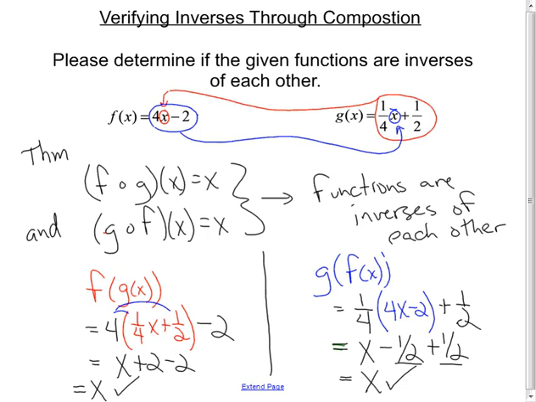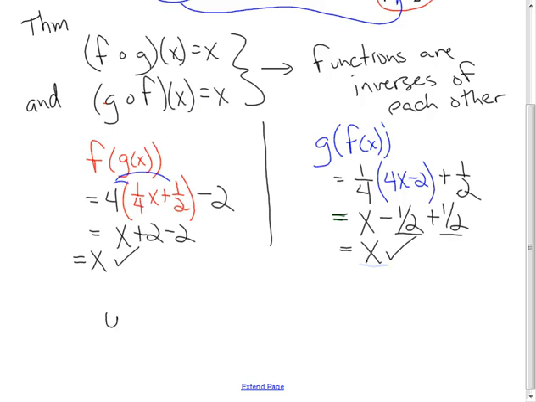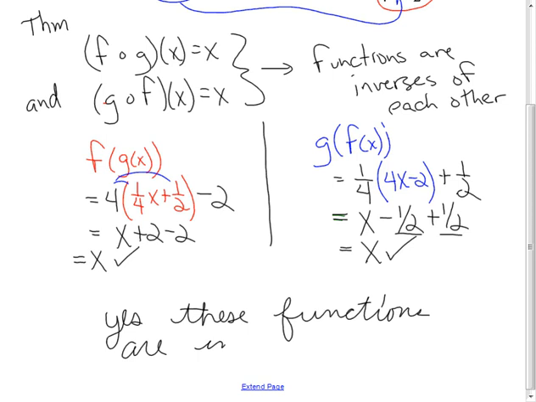So the formal answer to this, if we see these two computations that both give me x for the answer, is to say, yes, these functions are inverses of each other.